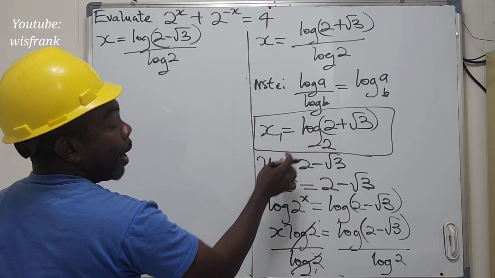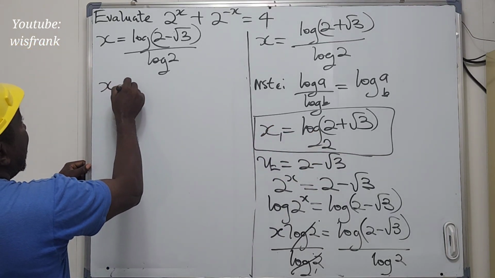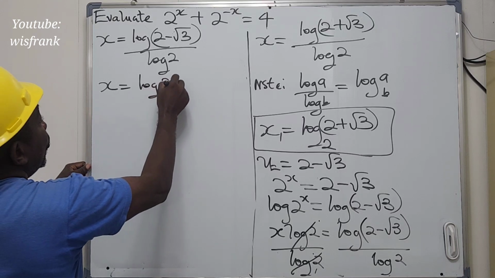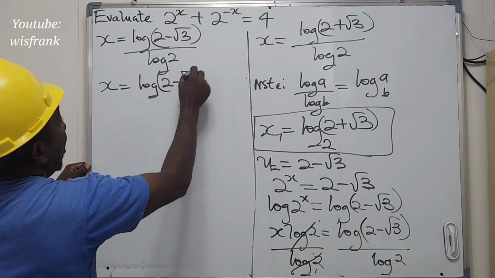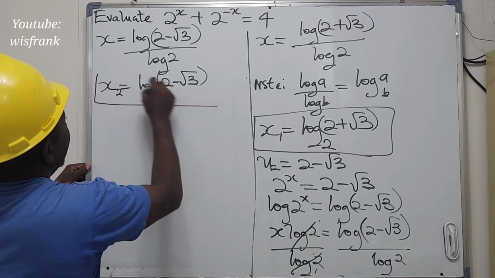With the same application that we did here, this will become x equals log of 2 minus root 3 base 2. So this is the value of x2 that we have.